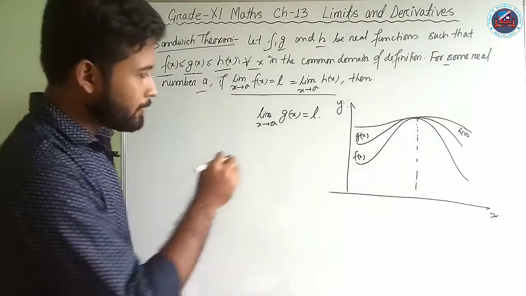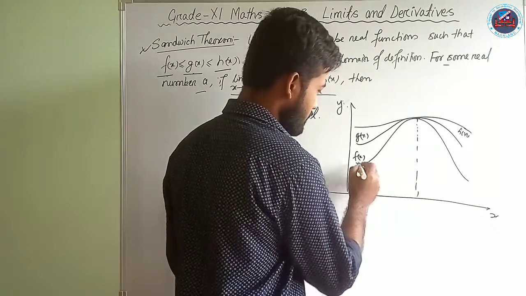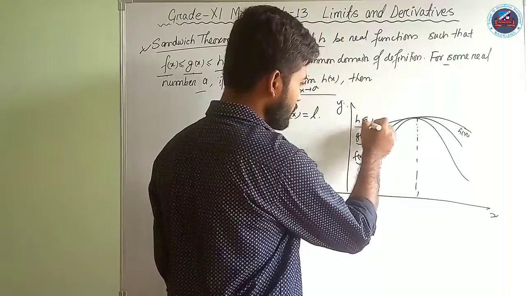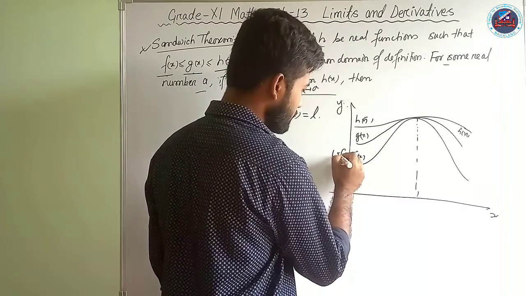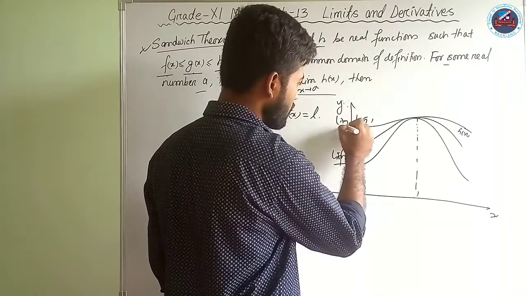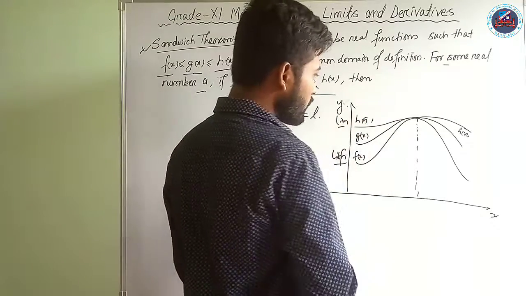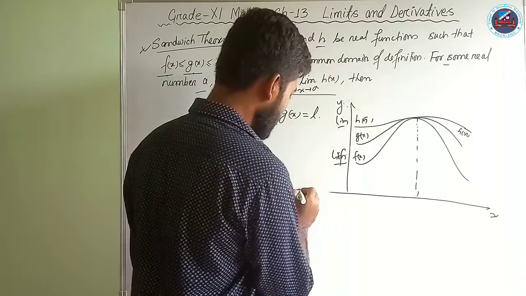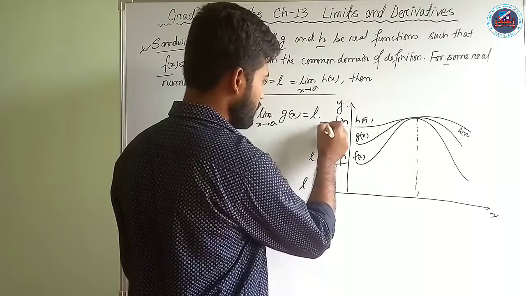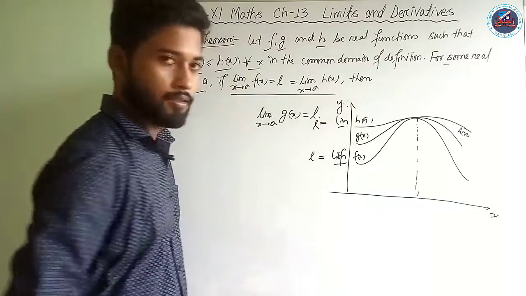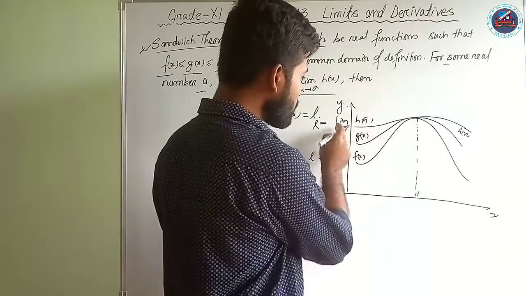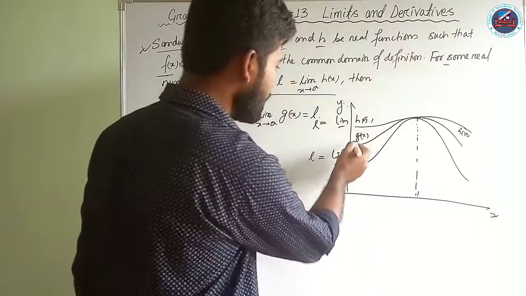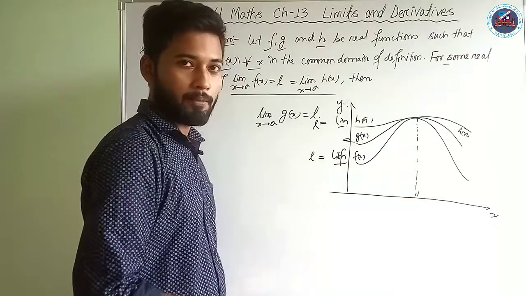Now it says that if I take the limit of the functions f(x) and h(x), then both their limits are L. Now what about g(x)? If these two limits are L, then by the sandwich property, this cannot have a different limit.